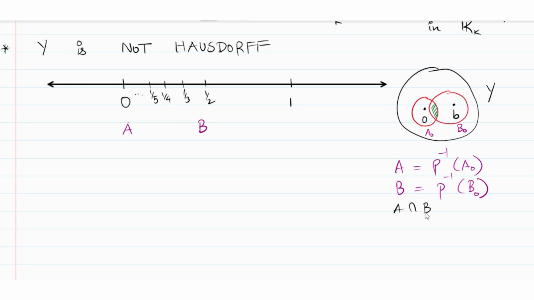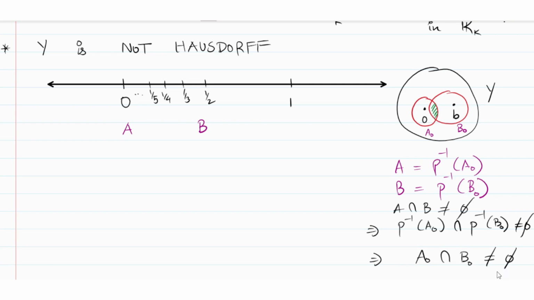So I will now show that A intersection B is not equal to phi. That implies P inverse of A0 intersection P inverse of B0 is not equal to phi. And this will directly say that A0 intersection B0 is not equal to phi. Because if A0 and B0 were separate, then its inverse image must also be separate, disjoint.